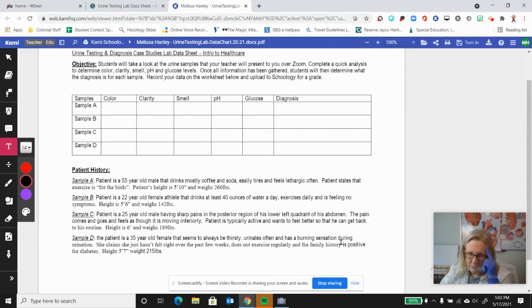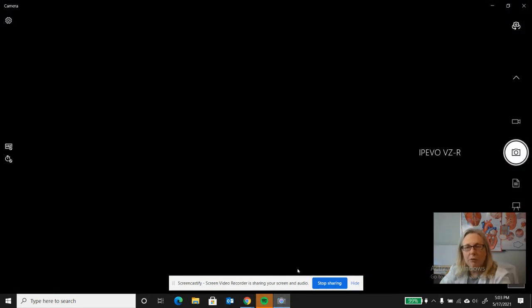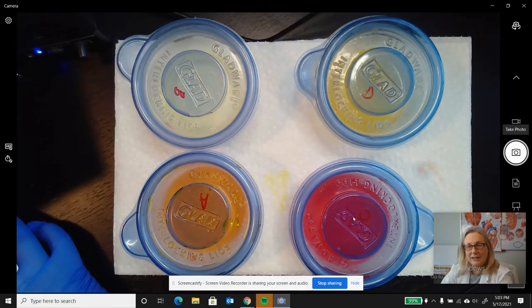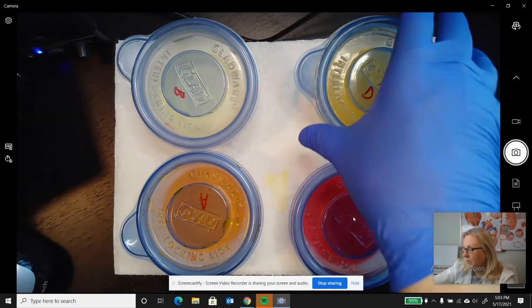That should kind of give you a clue right there. We definitely want to check her blood glucose or her urine glucose, right? She is 5'7" and weighs 215 pounds. So let's hop on over and take a look at our sample for patient D. Here is our sample for patient D.